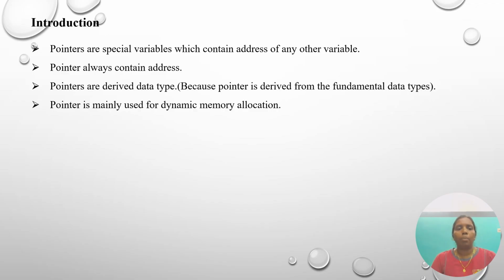So what is a pointer? A pointer is a special variable. It is like pointing to some memory location. If we declare int a equal to 10, this value 10 is stored in some memory location.